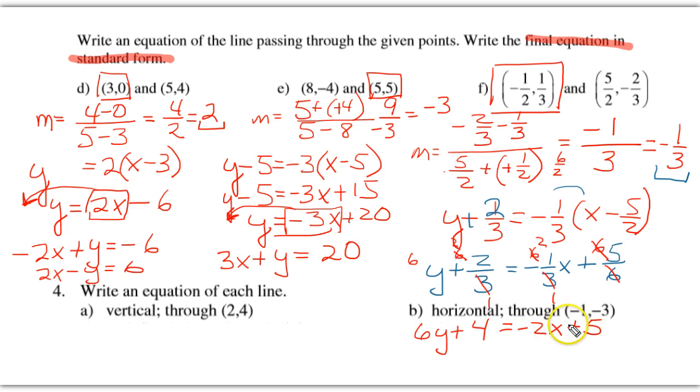Okay. Again, we want to put this in standard form. So we're going to transpose the negative 2x to this side, so we get a 2x plus 6y equals, now we're going to transpose the positive 4 to this side, where it becomes a negative 4, and this becomes a 1.